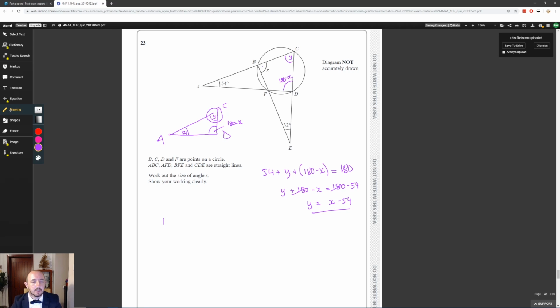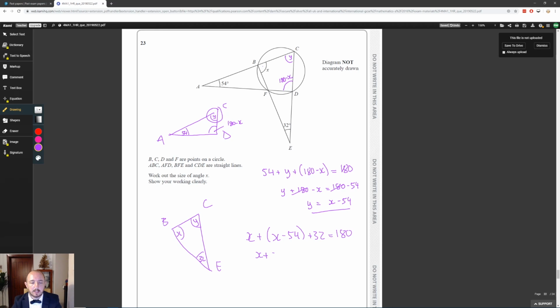We can then make another triangle B, C, E, 32, x, and y. This time we're going to substitute the y for x minus 54. So adding up these three angles, x minus 54 plus 32 will give us 180.